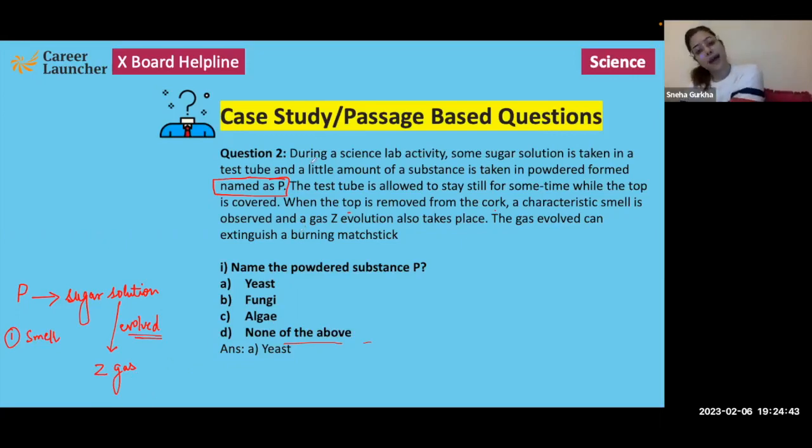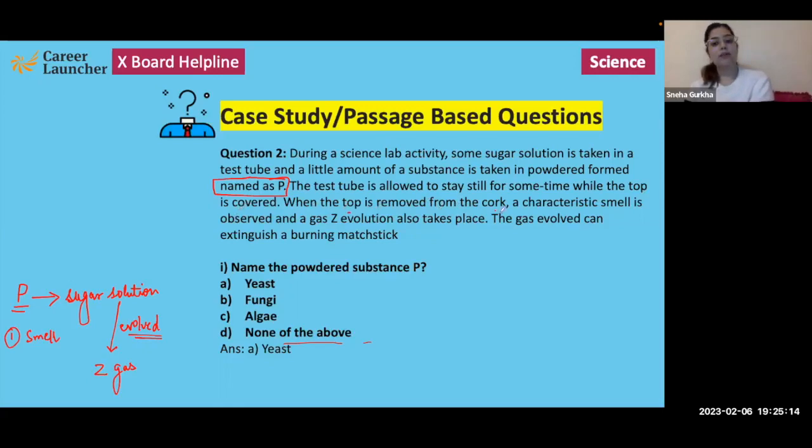So let's again read the paragraph and try to understand if we have collected all the information necessary to answer this question. So during a science lab activity, some sugar solution is taken in a test tube and a little amount of substance is taken in powdered form named as P. The test tube is allowed to stay still for some time while the top is covered.